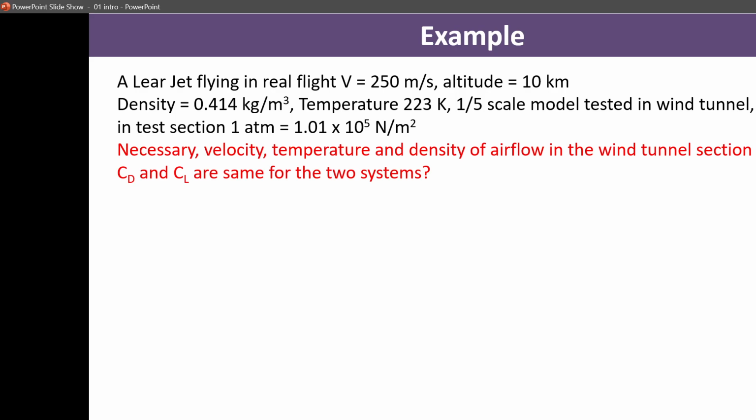And we want to calculate the temperature, velocity, and density of the airflow inside the wind tunnel so that the CD and CL are the same for these two scenarios, real flight condition and the wind tunnel flight. Essentially, the first thing you want to do is to calculate the Reynolds number and Mach number for the wind tunnel case that are exactly the same as for the real flight case.